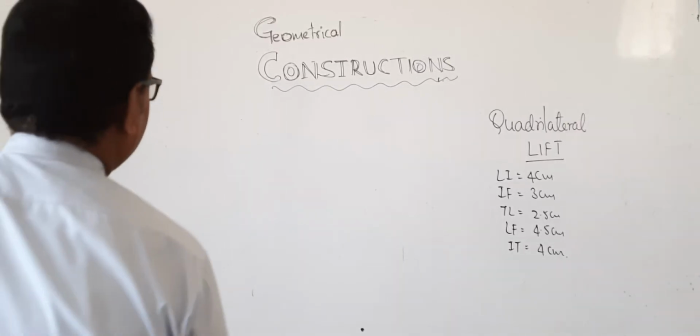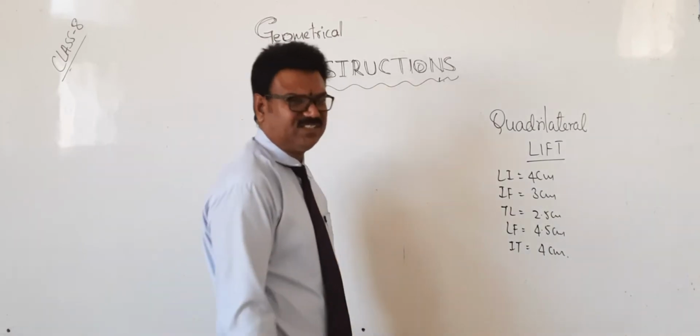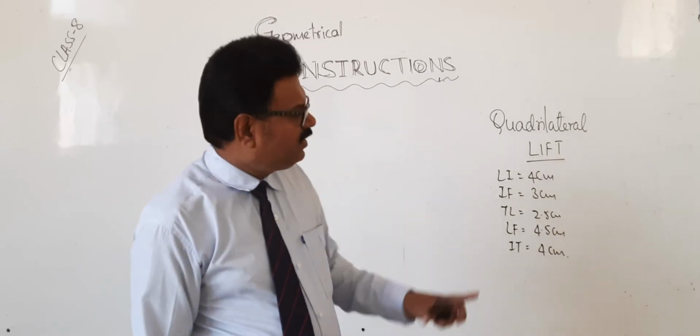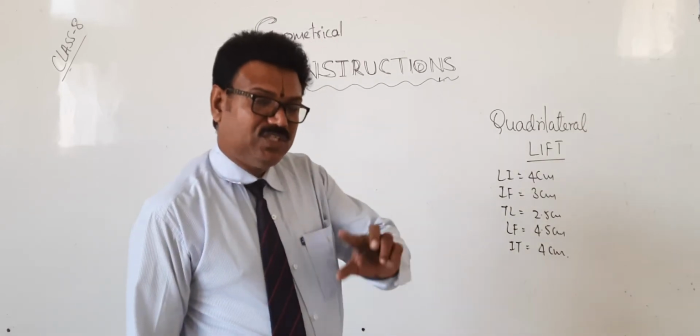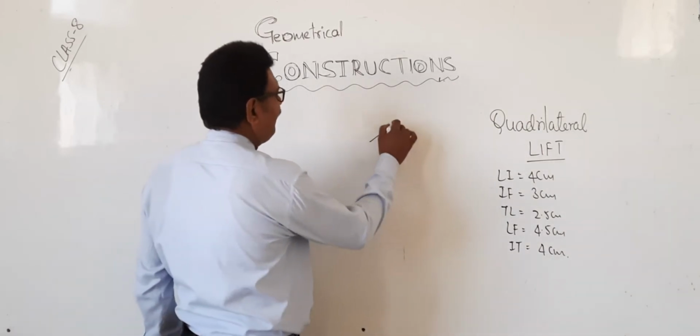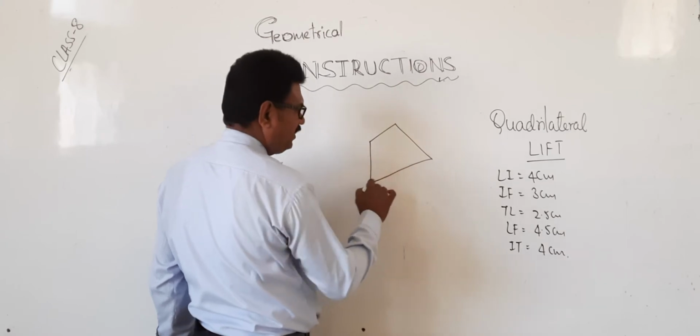Yes, come to the next set of problems. In the first exercise, we have done only 4 sides and 1 diagonal. Now here, if you observe, it is 3 sides and 2 diagonals. When you draw a rough diagram, you will come to know what he has given. This is LIFT.